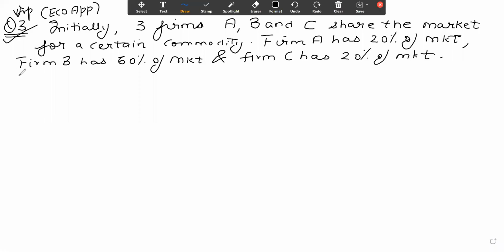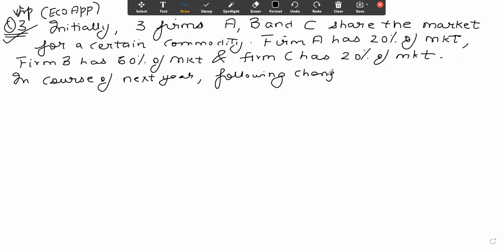Now they have given that in the course of next year, following changes take place.